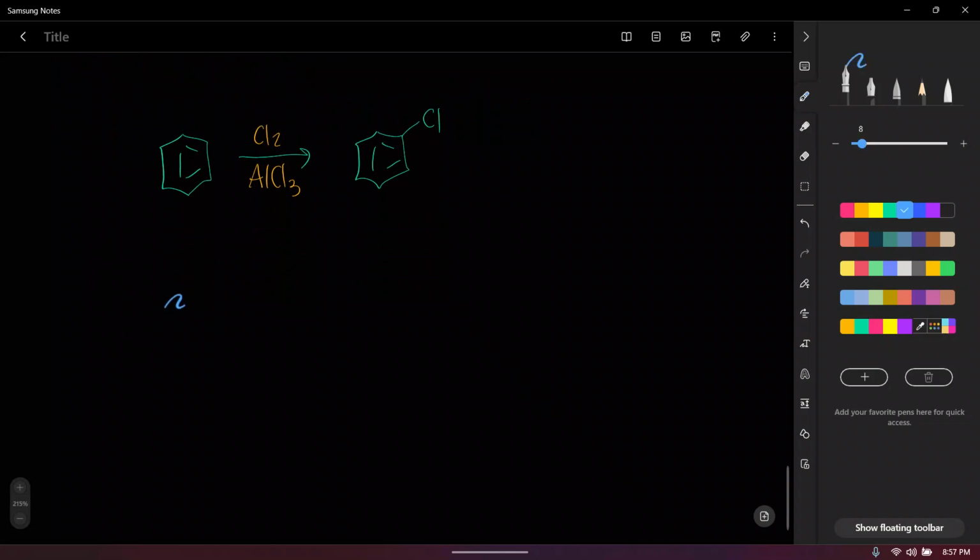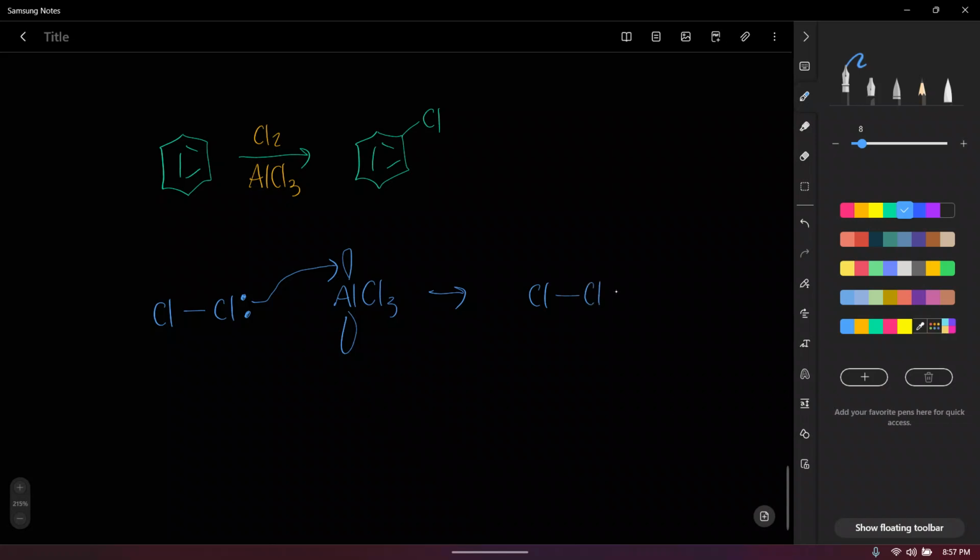So the first step of the reaction is to form the hot electrophile. Okay. So chlorine has a lone pair, and the lone pair is going to go into the empty orbital of AlCl3.